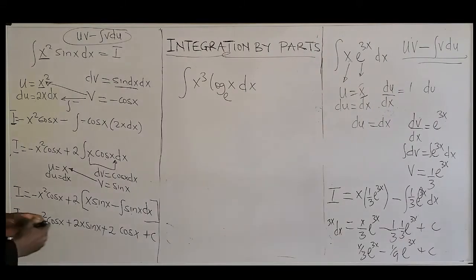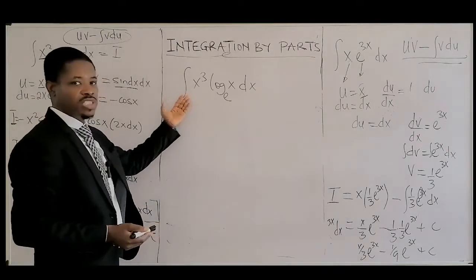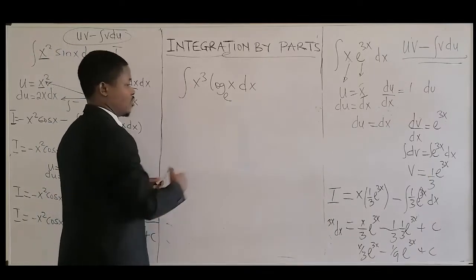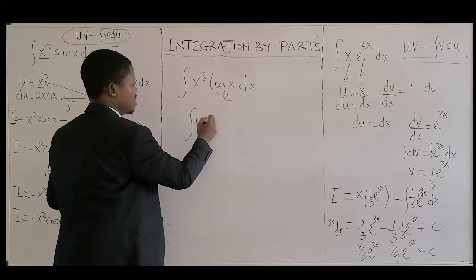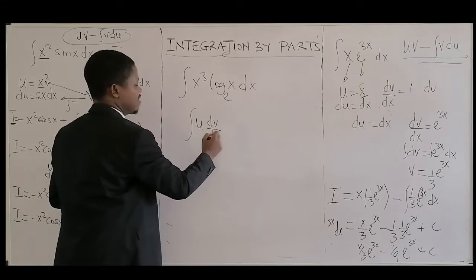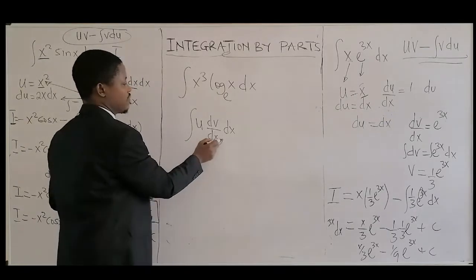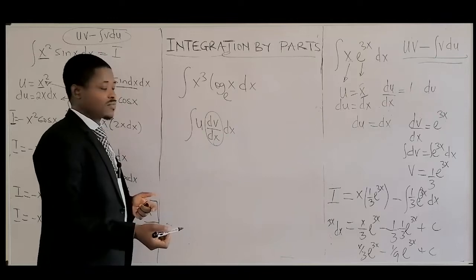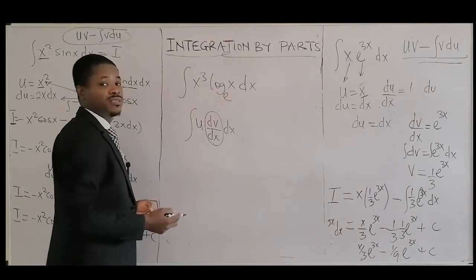Then you can see what we are talking about. It is not in all cases that the first function will be u. If you check this one now, based on what we said initially, don't forget what we said: the second function, dv dx, must be a function that you can integrate. But in this case, this second function, you cannot integrate it.